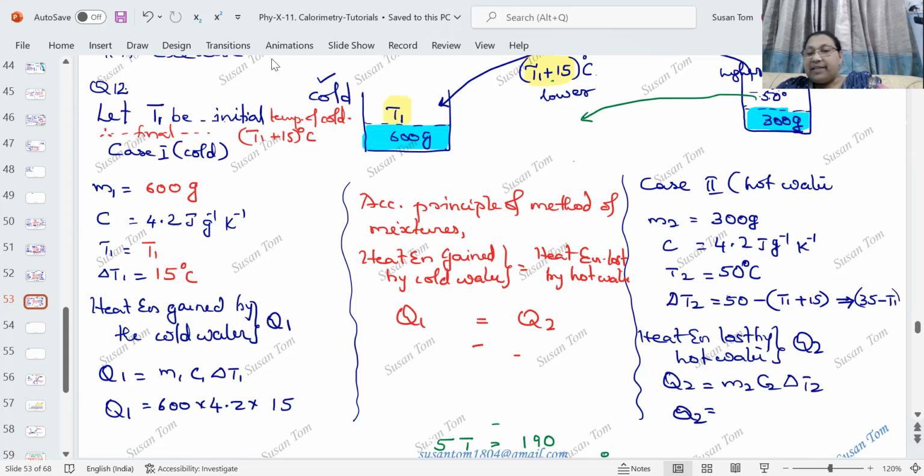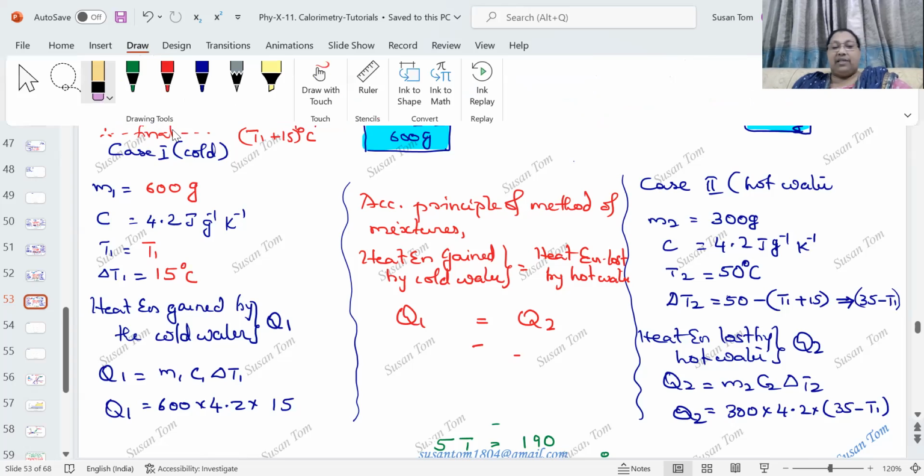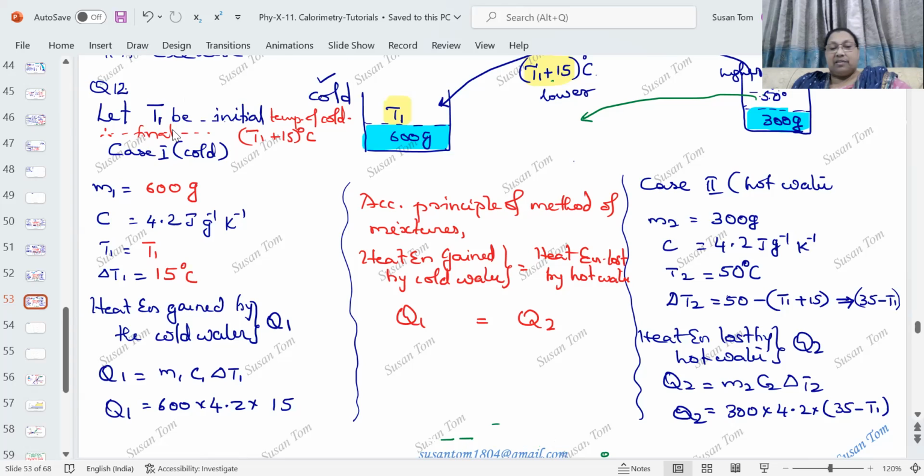In bracket only you place that. When you substitute now, we will have this as delta T2. Okay, now substitute: Q2 is equal to M2, which is 300, into 4.2 into 35 minus T1. Now equate and solve for T1. You will get the initial temperature of water.